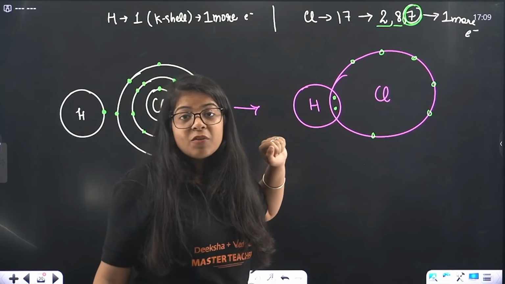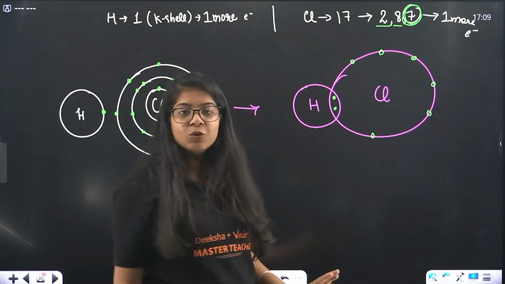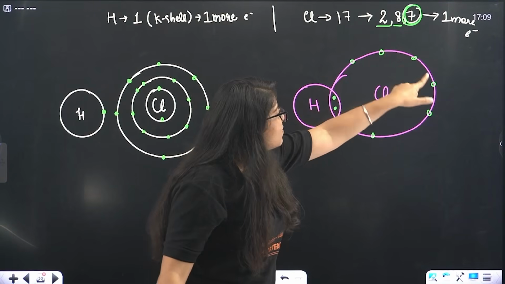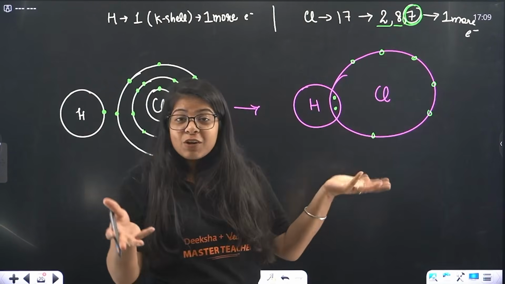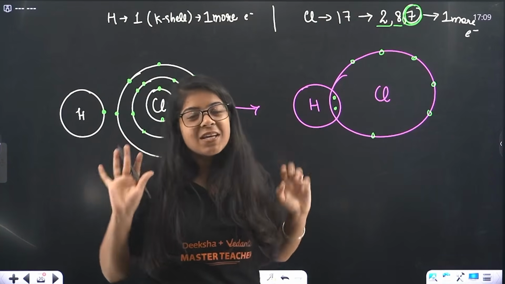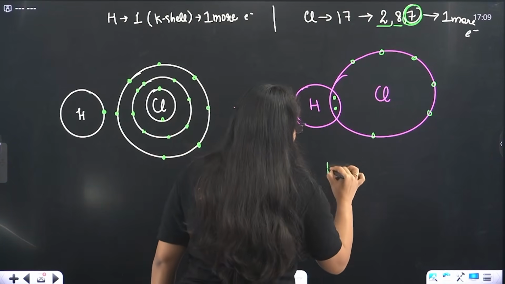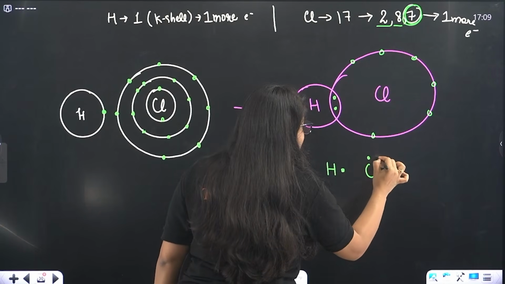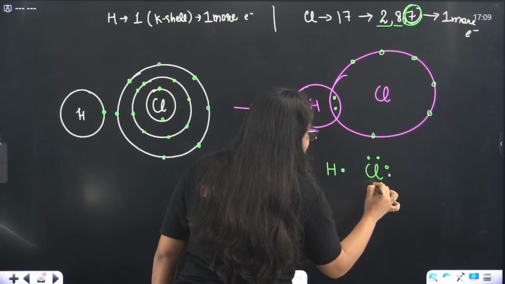Now count the number of electrons for hydrogen, 1 and 2. Duplet complete. Happy. For chlorine, 1 2 3 4 5 6 7 8. Octet of chlorine is complete. Chlorine is also happy. So the compound is happy. So we make H, it shares 1 electron. Chlorine has 7 electrons.